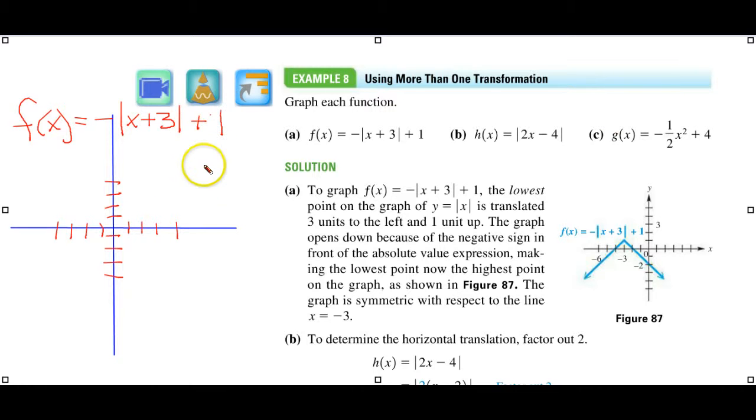Better. Okay, so what did we say this was out here? This was our y-intercept, sort of. But that y-intercept is going to be shifted to where? Well, this is positive, so it's going to be shifted to the negative 3 and now up 1. So that's the first point of your graph.